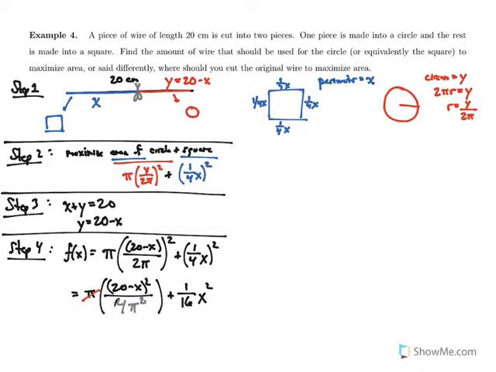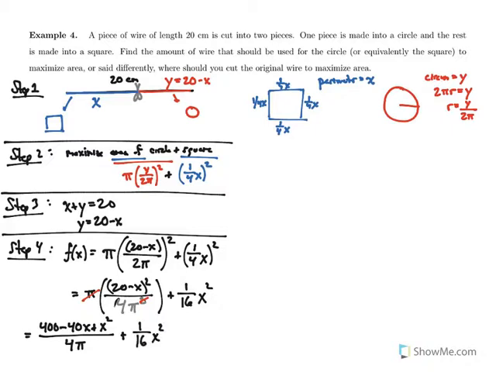We have a pi in the numerator, pi in the denominator. We have 20 minus x squared is 400 minus 40x plus x squared over 4 pi plus 1/16 x squared.